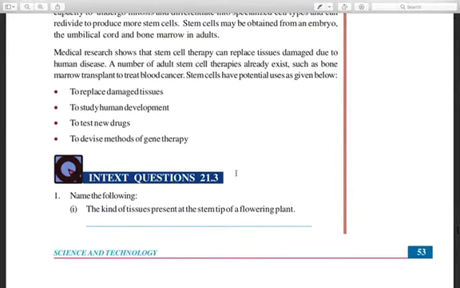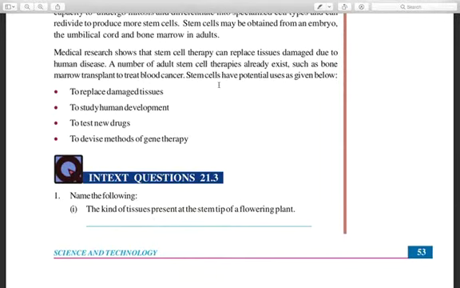Therapy is basically a method to cure some disease, such as bone marrow transplant to treat blood cancer. If a person has blood cancer, they will take out the bone marrow in his bone and replace it with new bone marrow, so that they treat the blood cancer. The cancer cells will be removed and replaced with new bone marrow.